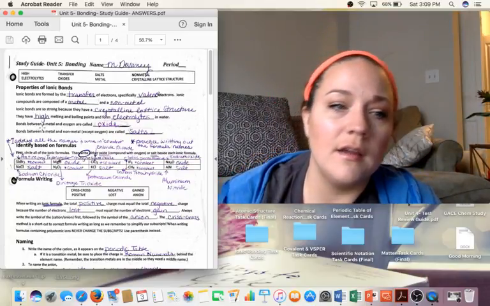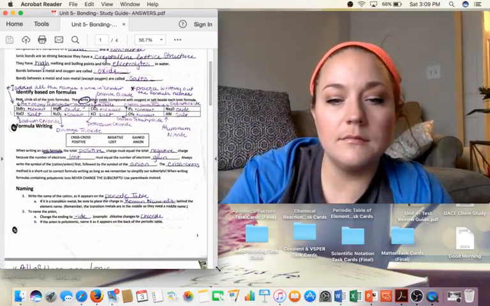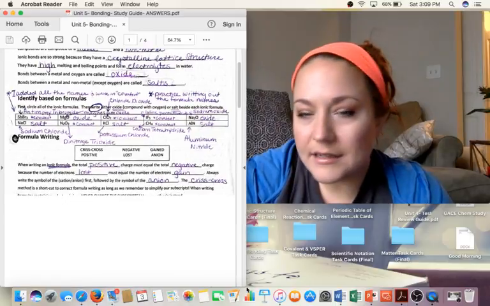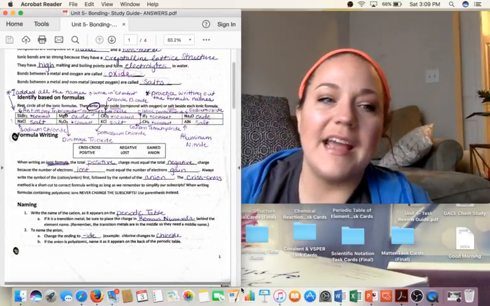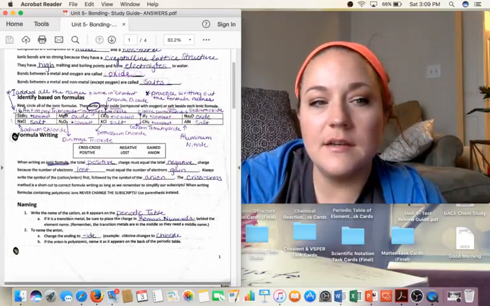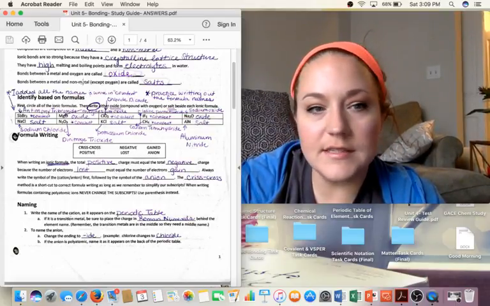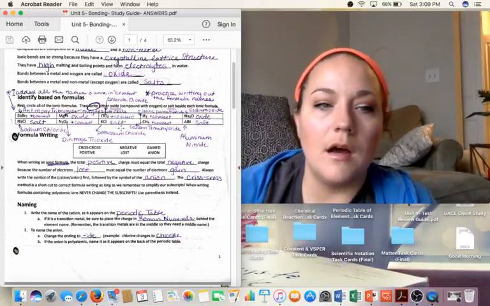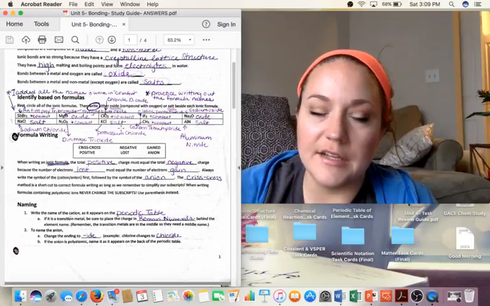All right, on the next part, I added, and this is not something you have to add, the names of each of the different formulas down here, formations of the symbols with the anions and the cations.